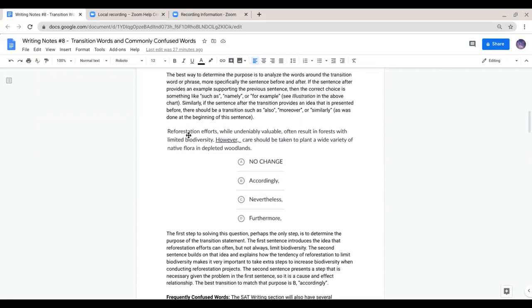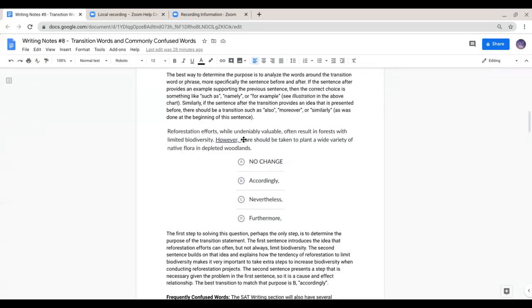So the first one presents the problem of limited biodiversity, and then the second one talks about how, because that's a problem, you should be careful while embarking on these reforestation efforts. So my guess right here is that the transition word should present a cause and effect relationship. The cause is that reforestation can limit biodiversity.